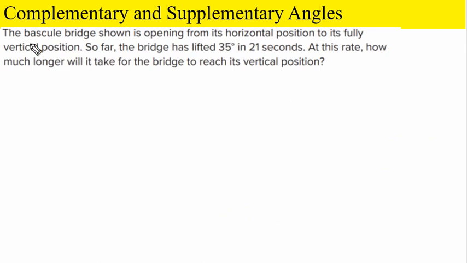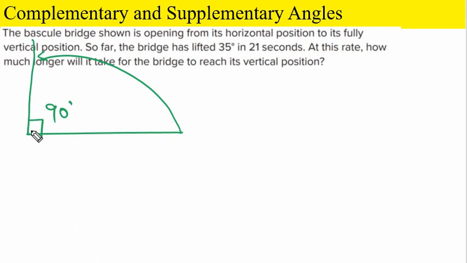Okay, this question says a bridge is opening from its horizontal position, basically this is the horizontal position, to its full vertical position. So from this position it is going into the vertical position. What does it mean? It means it is making 90 degrees from horizontal to vertical.